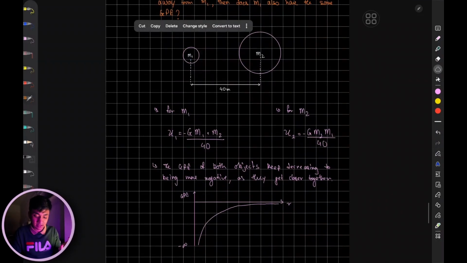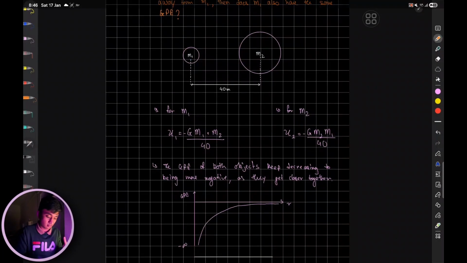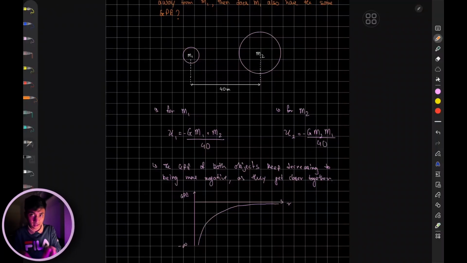If M1 has a certain GPE, like both of these are isolated in the universe in space-time, say M1 has GPE of minus 20 joules, and M2 has GPE of minus 20 joules. This concept should be clear to you guys. Why? Because GMm by r in both cases applies the same way. So the same numbers go into the formulas, and that is why the GPE for these two masses will be the same.